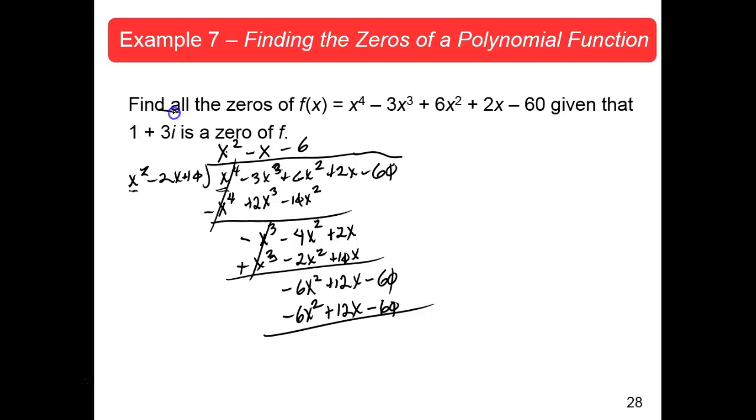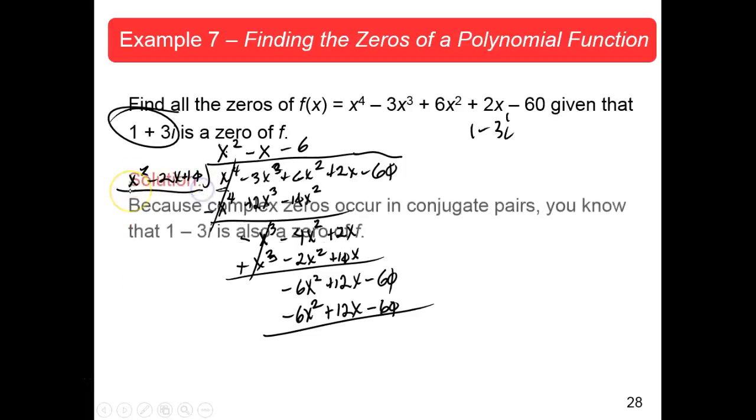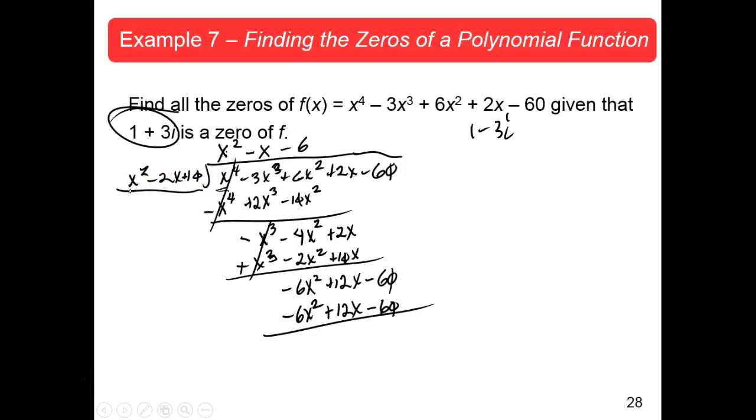If this was a 0, you knew that 1 minus 3i is a 0 from the rule we did last time. And the product of those two is what we calculated first. And now we know that's the other factor.